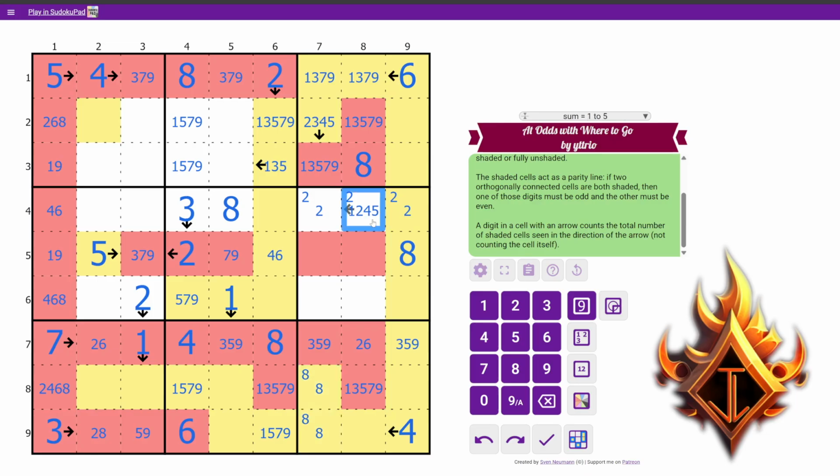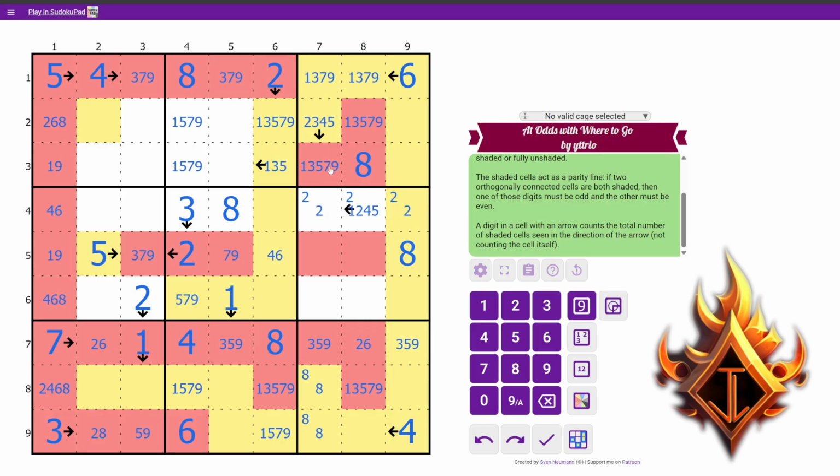If this is red, it is 1 or 5. 1, 2, 3, 4, 5. That's still possible. If it's not red, though, it can be whatever number it wants to be after it adds all the red in the row.